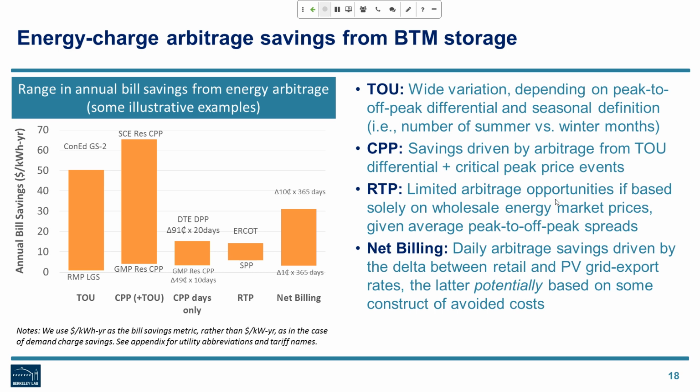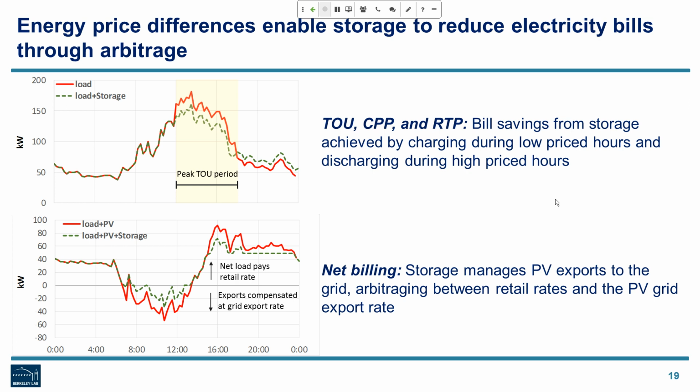Now, let's look at the mechanics behind energy arbitrage. How really is storage dispatched to minimize bills? So for time of use, critical peak pricing, and real-time pricing, the strategy is pretty similar. Bill savings from storage are achieved by charging during the low-priced hours and discharging during the higher-priced hours.